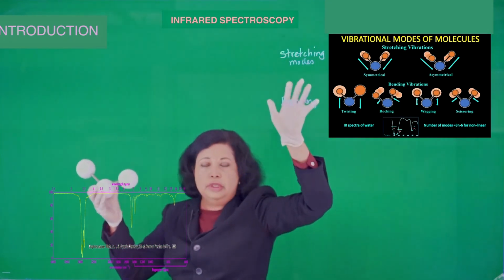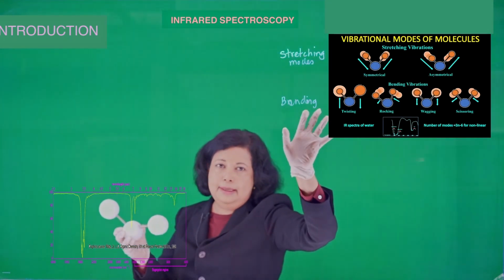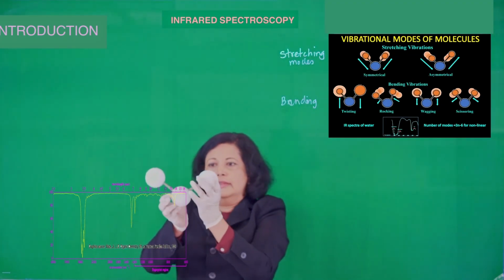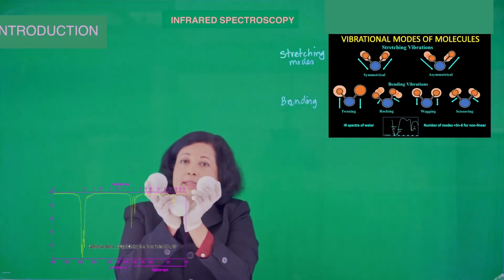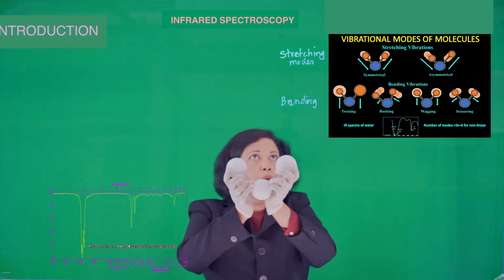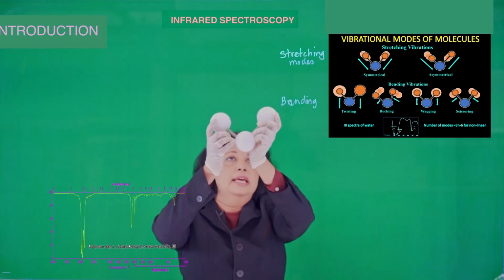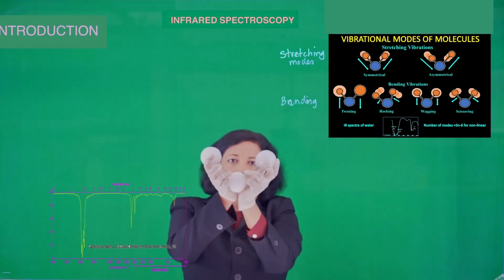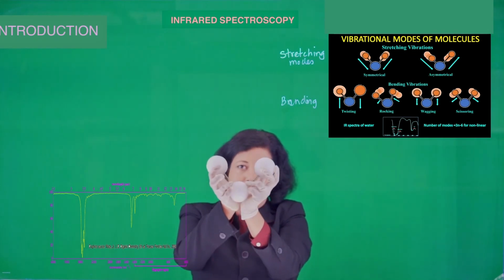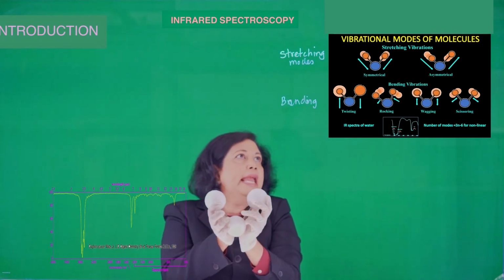The stretching mode requires a lot more than bending. So when they have a lot of energy, they actually change their bond lengths. So there are two modes of stretching vibrations: symmetric, where they actually go up in the same direction. Okay, that's symmetric. Or asymmetric.